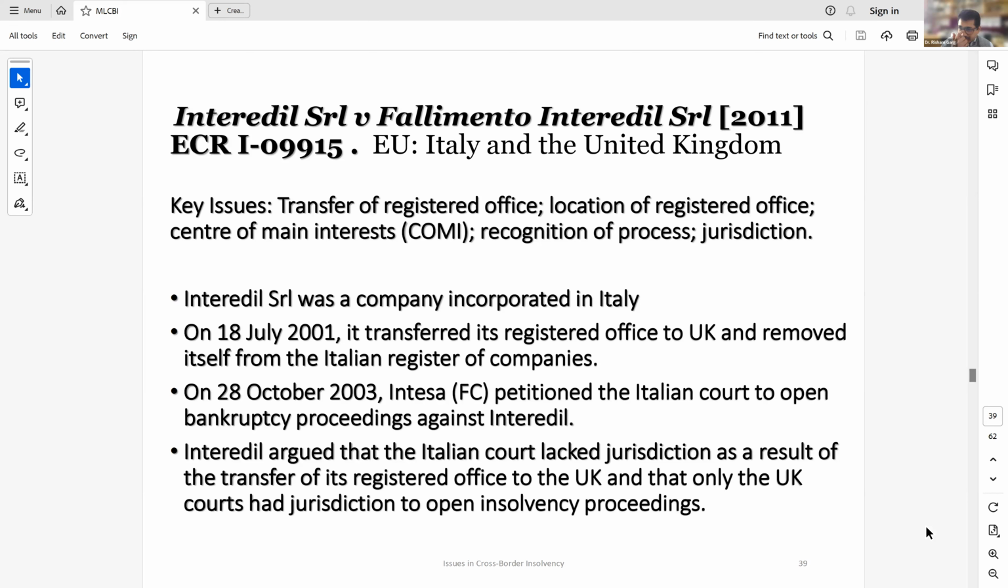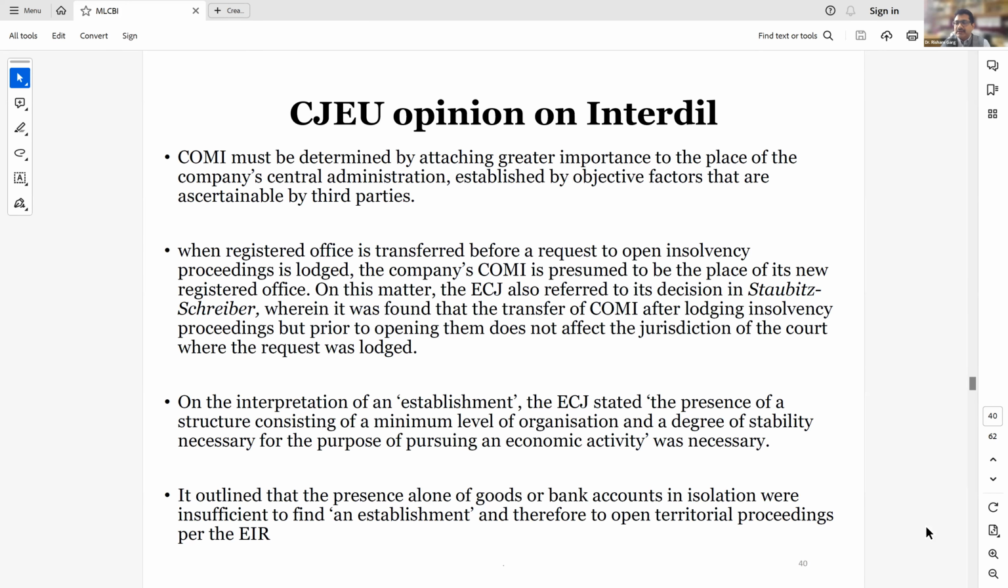And then the opposite party, Intesa, argued that this Interdil was apprehending insolvency, and apprehending insolvency, they shifted their office. So the court held that even if they were apprehending insolvency, there must be some reasonable time, and they considered several cases, several instances, and they arrived at a reasonable time, that is 3 months.